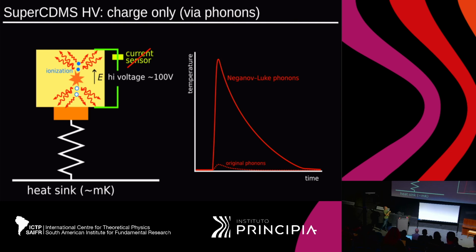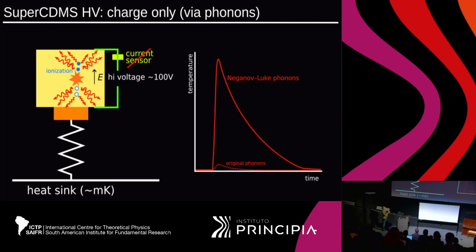But you will produce a lot of secondary phonons. Those phonons that you produce are linked to the amount of ionization that you produce at the beginning, not to the amount of phonons that you produce at the beginning, okay? So what they are doing here is using this technique to measure ionization only, okay?